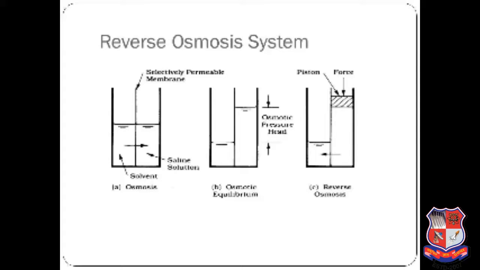Cellulose acetate and polyamide membranes are used as RO membranes. Other membranes can be used, but they are not acceptable. So normally you have to choose the proper membrane for different types of membrane materials.